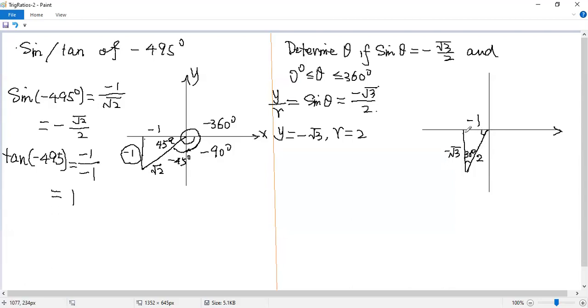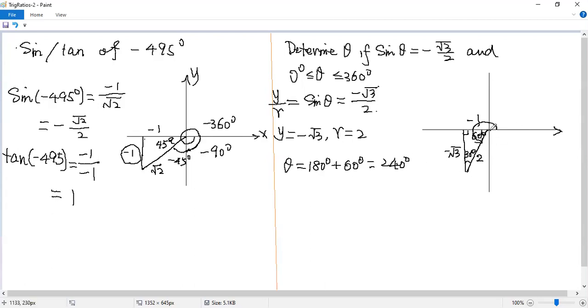So then this angle would be 60 degrees. So the value of theta would be 180 plus 60, 240. So theta equals 180 plus 60 equals 240 degrees.